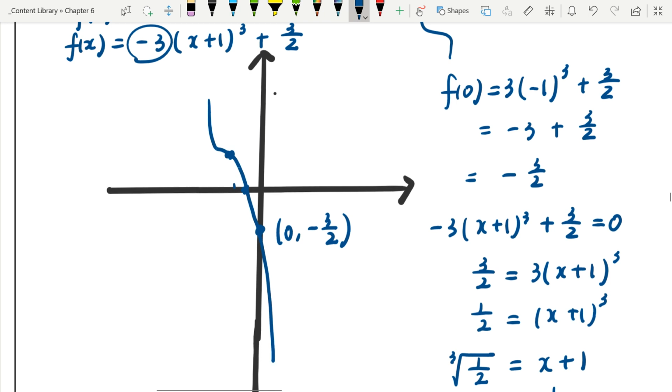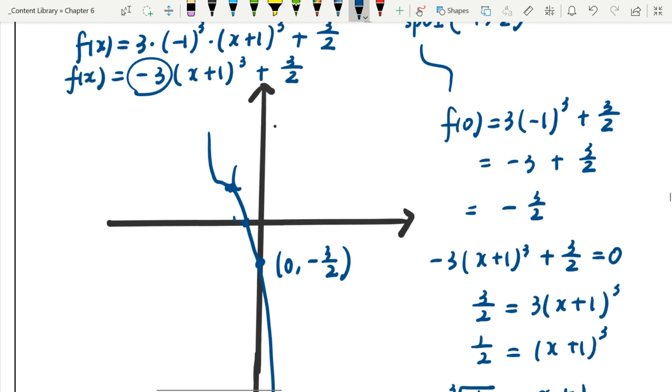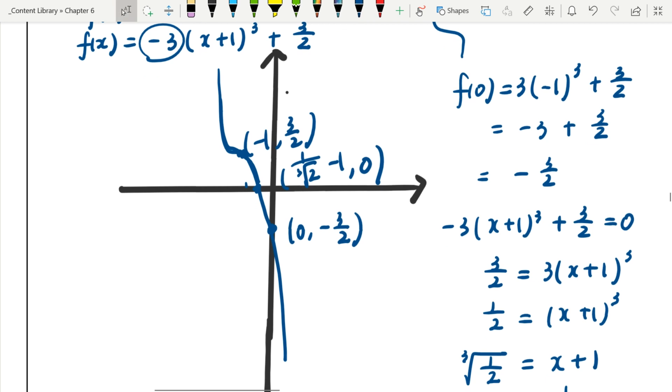So this is the point of inflection, which is (minus 1, 3 over 2), decreasing shape. And this point here is (1 over cube root 2 minus 1, 0). And the y-intercept is (0, minus 3 over 2). Here's a decreasing graph.